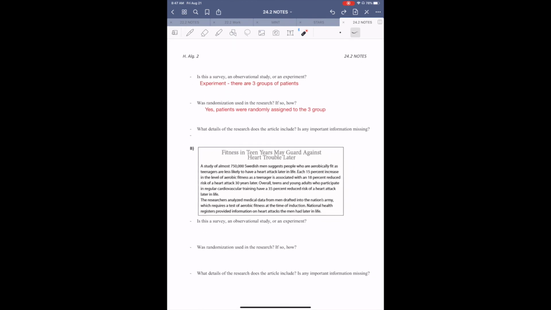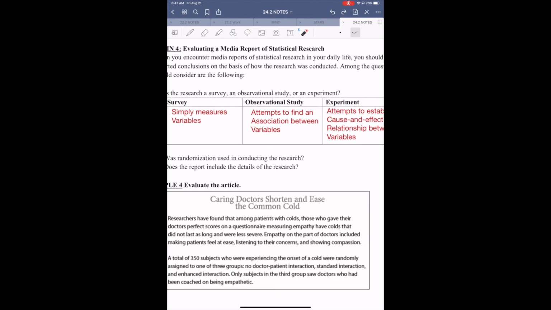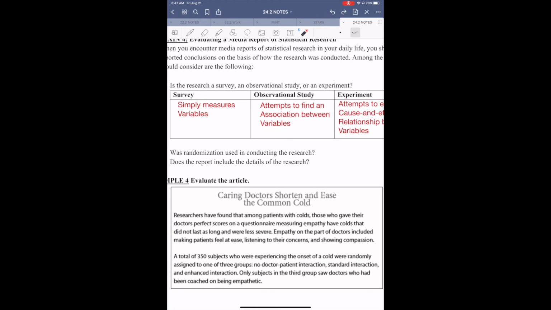And finally, what details of the research does the article include? Is any important information missing? Well, based on the article, if you look for important data, we have the number of subjects. Okay, so that's something. But does it give us anything aside from the number of subjects, aside from what experiment was conducted and how they were assigned, right?